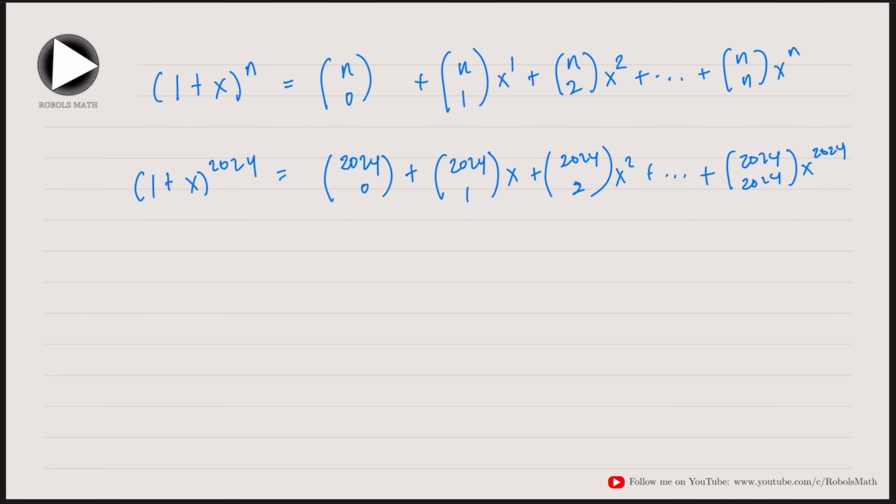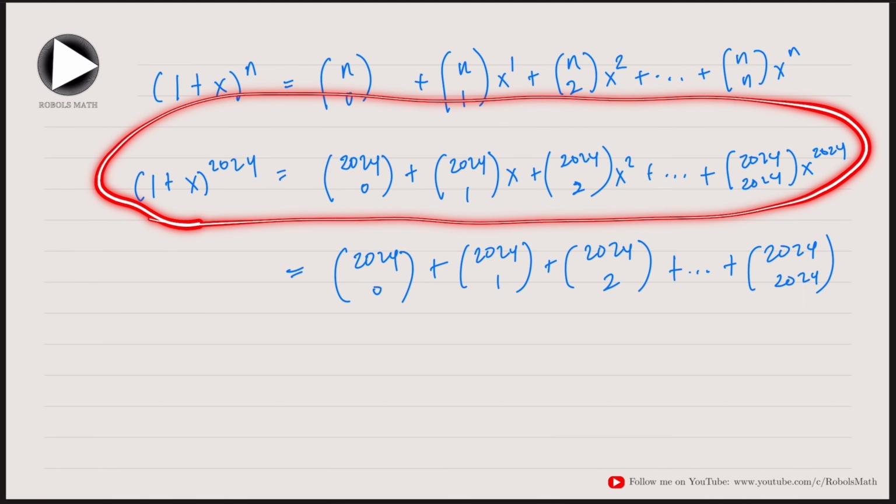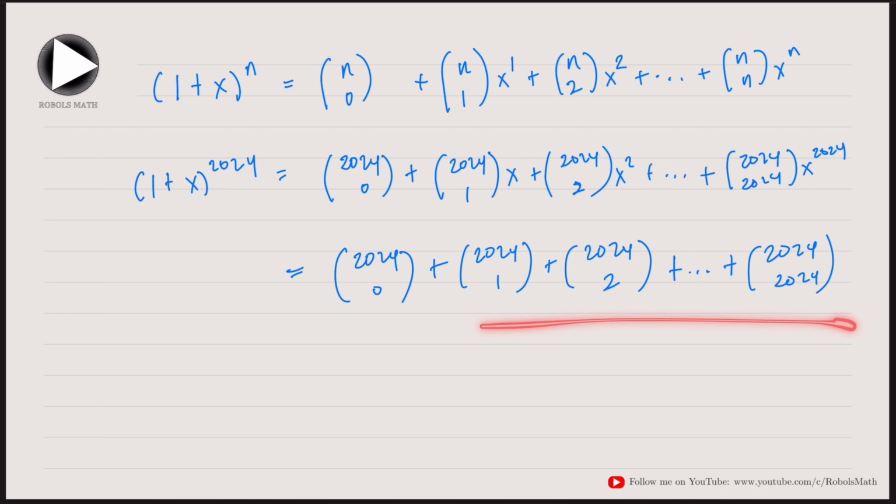So what if the question instead was not alternating terms of positive and negative, nor a complete set of terms, but something like: what's the value of 2024 taken 0 plus 2024 taken 1 plus 2024 taken 2 and so on until 2024 taken 2024? How could we use this formula to obtain the value of this expression?